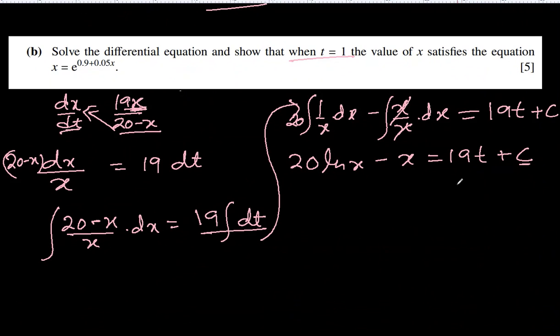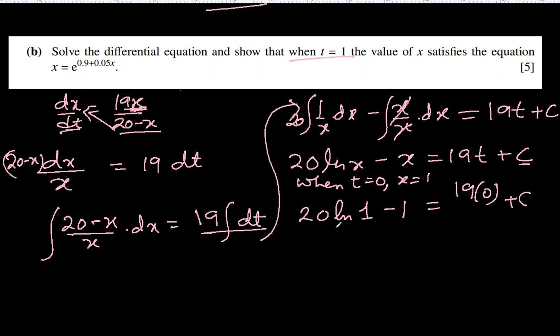When t is 0, x is 1. So 19 times 0 plus c equal to 20 ln 1 minus 1. Ln 1 is 0, so this becomes 0. Minus 1 equal to, this is also 0, c is minus 1.